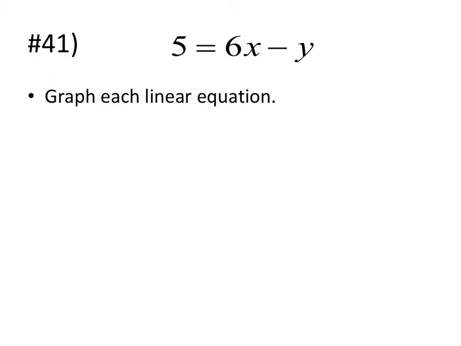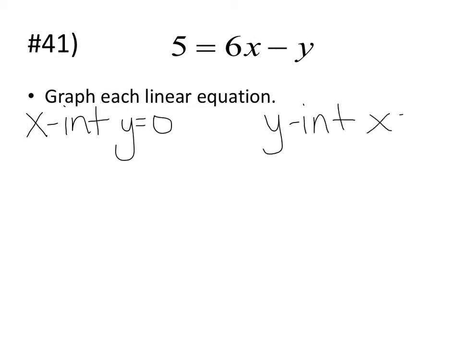Okay, let's go back and we'll alternate back and forth. We'll do x and y-intercepts on this one too, just so you guys are seeing both ways. So for your x-intercept, you're going to do y equals 0. For your y-intercept, you're going to do x equals 0. So here we have 5 equals 6x minus 0.